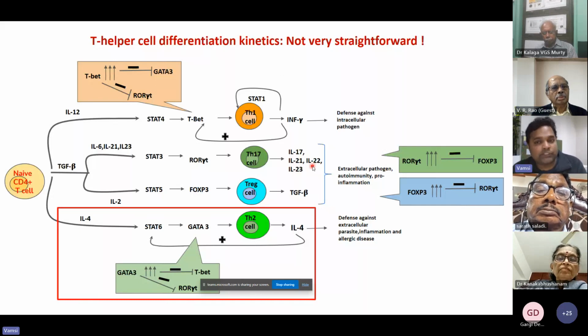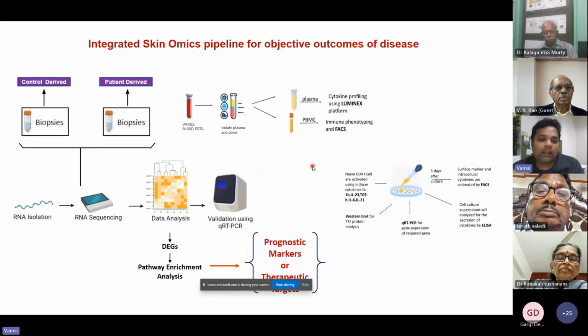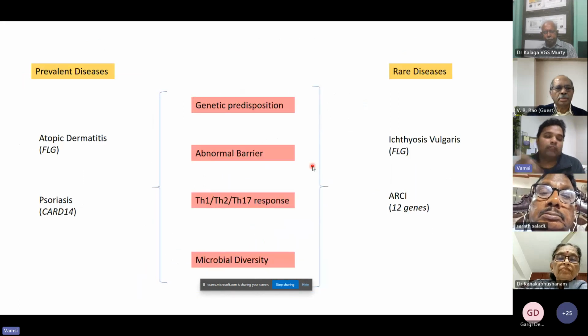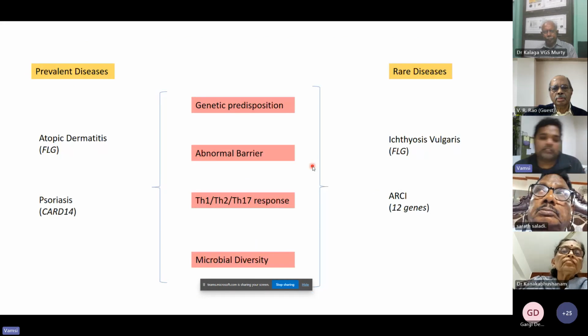It is currently available commercially, off the shelf, so you can directly administer it. We are doing an integrative analysis pipeline to develop these prognostic markers and therapeutic targets. The basic idea is to go from prevalent diseases towards rare diseases, understand what is happening in them, and bring better therapies to the market that are immediately available, accessible and affordable to these patients.